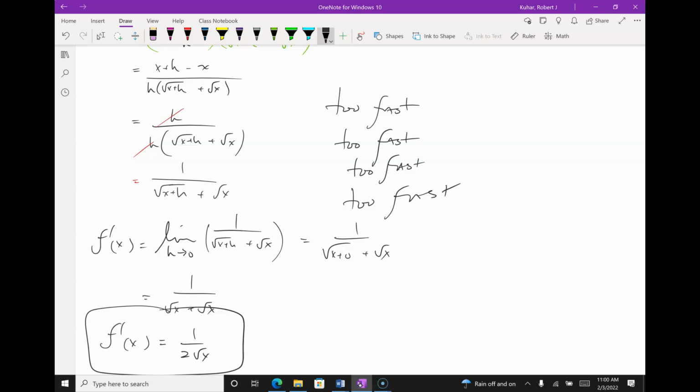Pretty easy, right? We've done this already. You know how to do this. We did it in pre-cal. We did it in our limits, right? What's the main difference here is I'm not getting a single number.